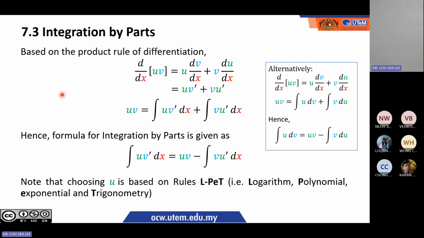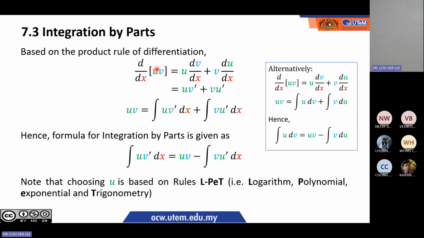Okay, this one, integration by parts. Okay, this is what you have learned actually. This one I just want to explain the formula. Okay, u and v are both functions in x.